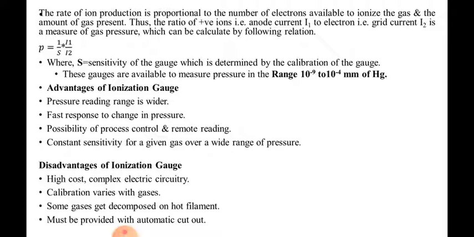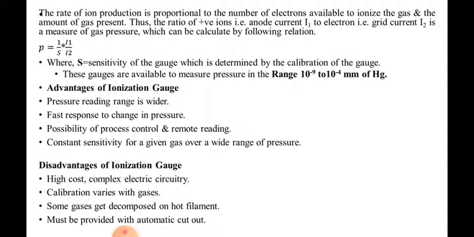Thus, the ratio of positive ion, that is anode current I1, to the electron, that is grid current I2, is a measure of gas pressure, and which can be calculated by the following relation.